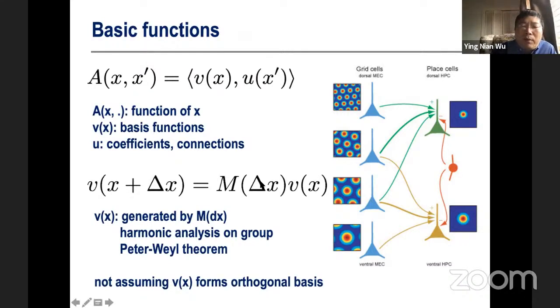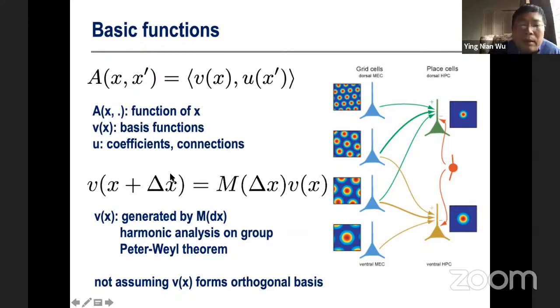So this v comes from this matrix representation, or the so-called unitary representation of delta x. And from this matrix representation, for any reference position, say x equal to 0, you can multiply by the corresponding M of delta x, and you can get all the other v.